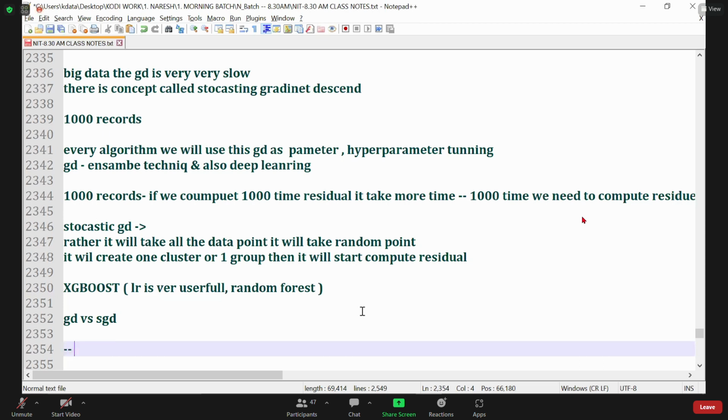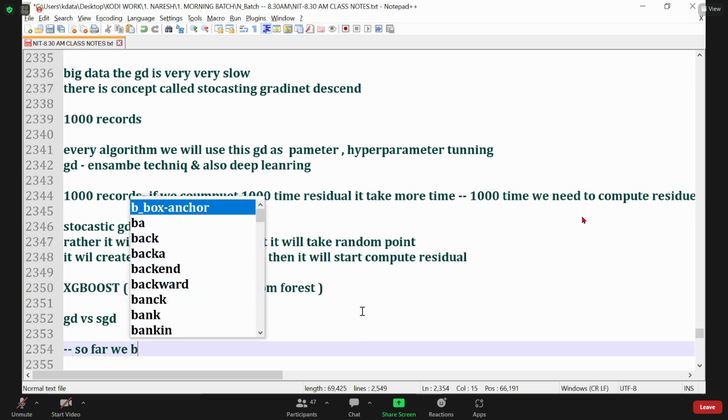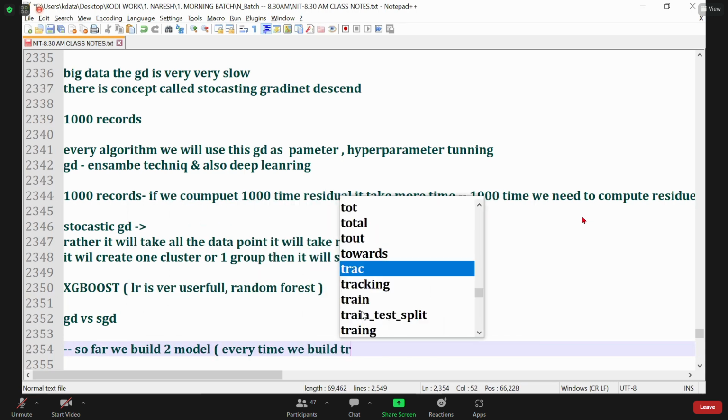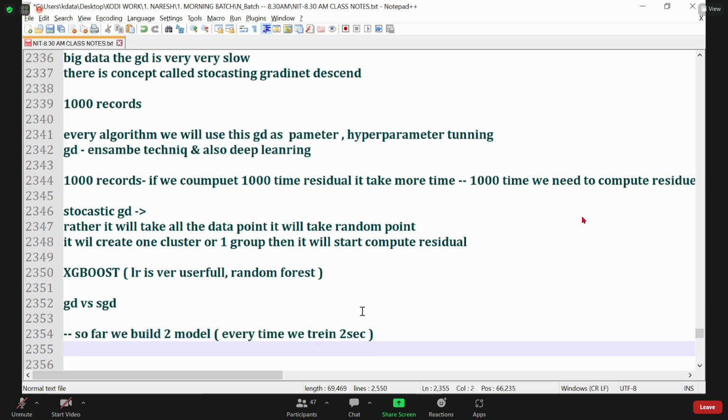In a real-time job, so far, how many models have we built? Two models. Every time we build a model, we train the model, right? It will take only 2 seconds to train the model, or not? But in real time, it would take much longer.